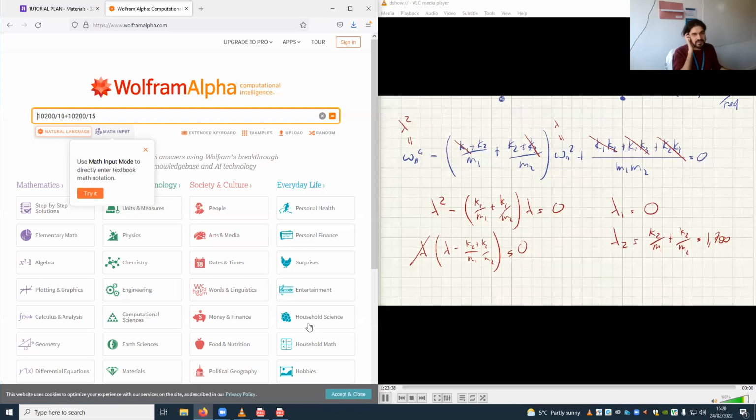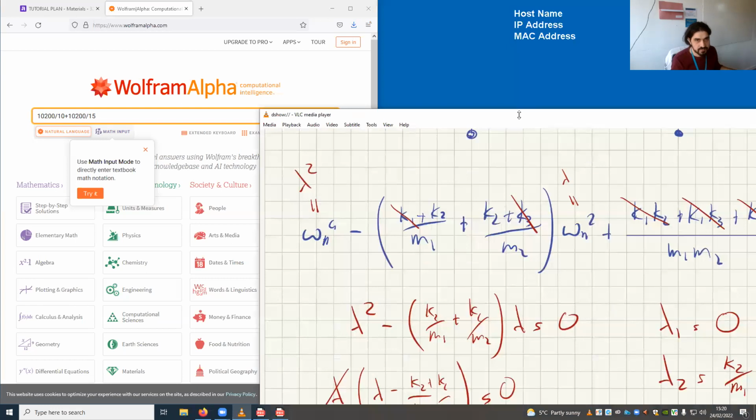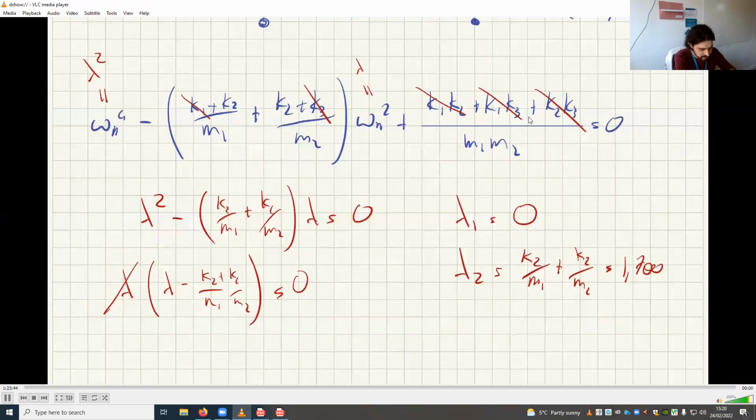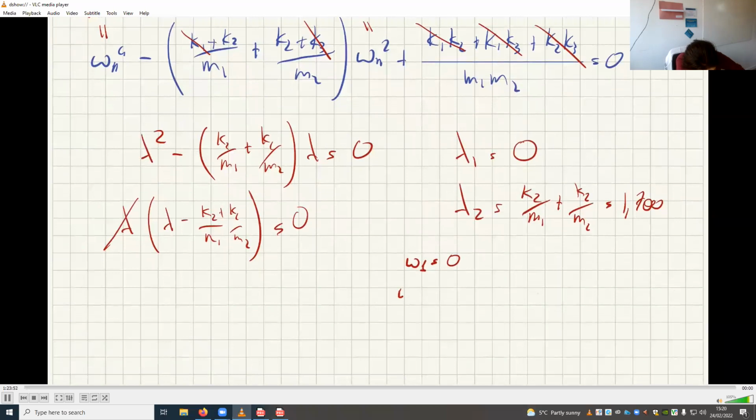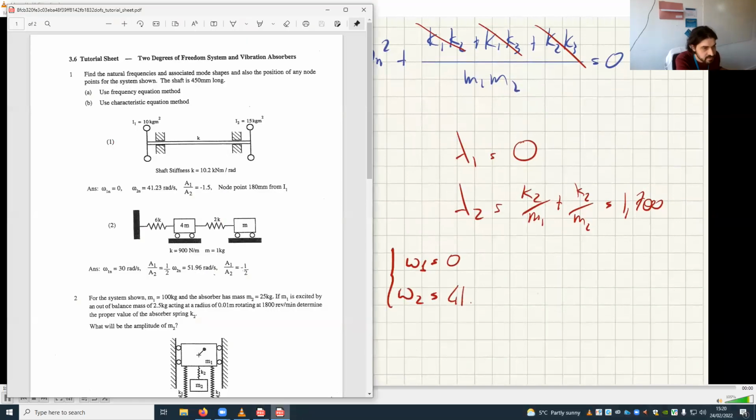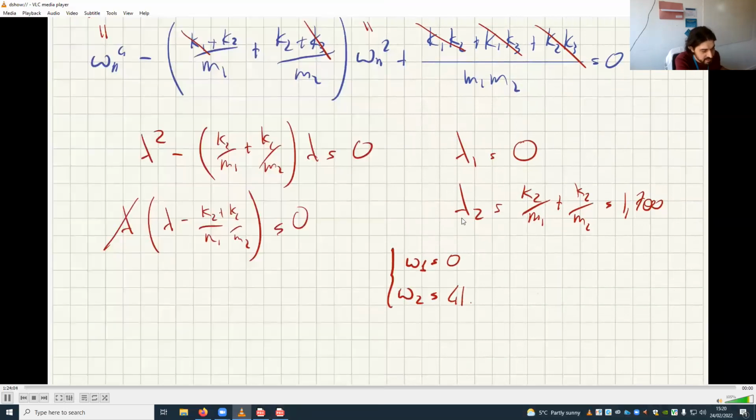Okay. And so the square root of this, there you go. So that means that omega 1 is 0 and omega 2 is 41.23 radians per second.